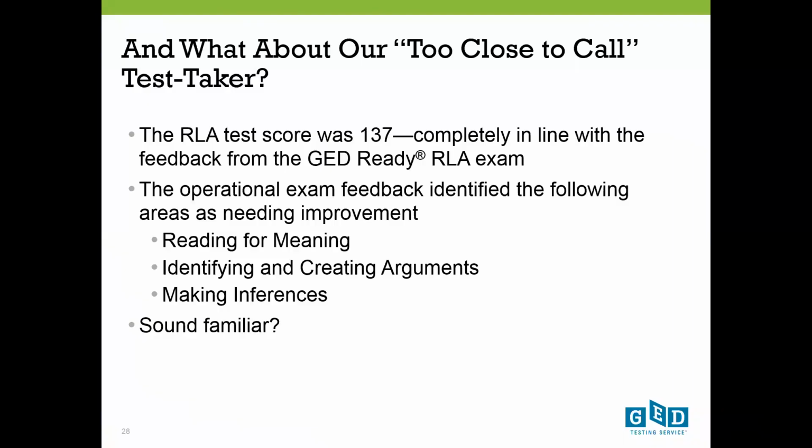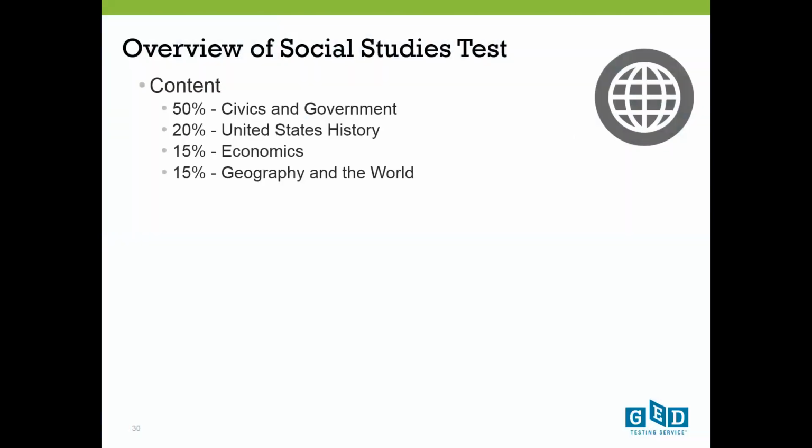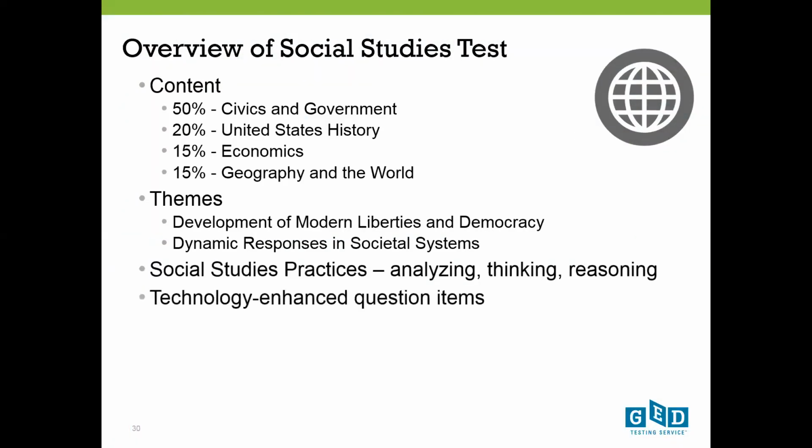Okay, so at this point, I'm going to move on and speak to the social studies. The reason why these are paired together is there's a considerable overlap in the skills. The context is different, but the same skills are being deployed in both RLA and in social studies. These are the characteristics of the social studies test.